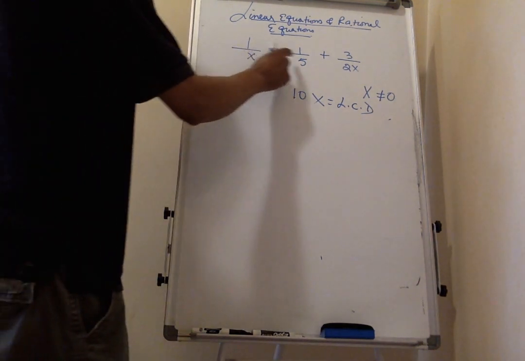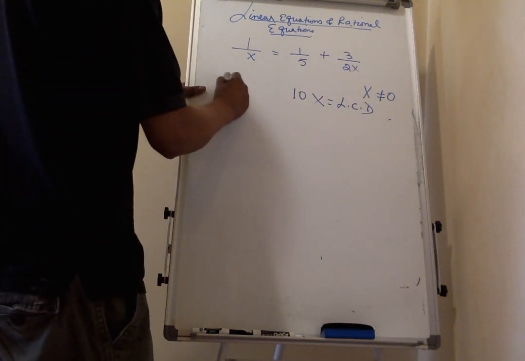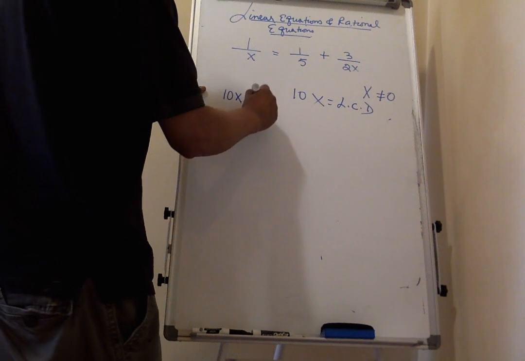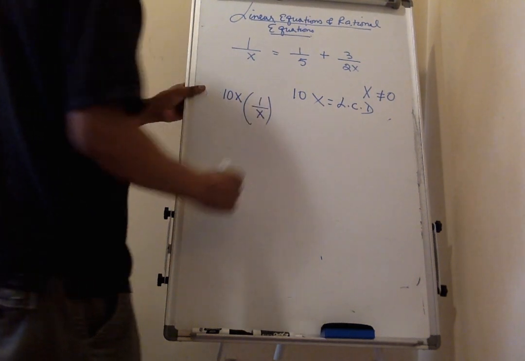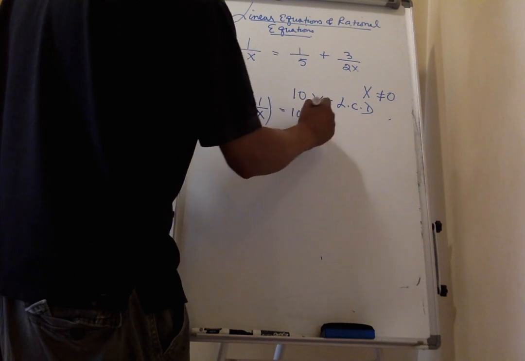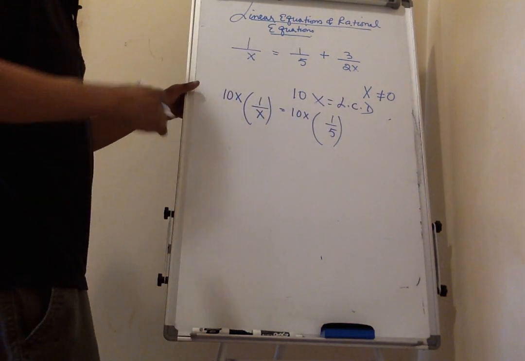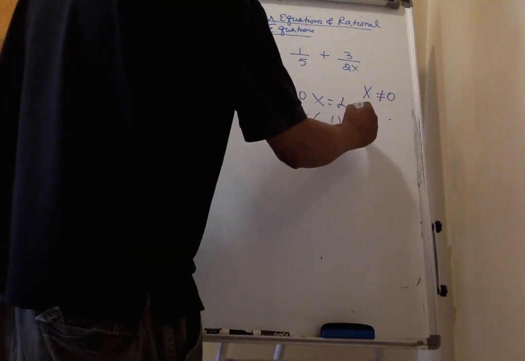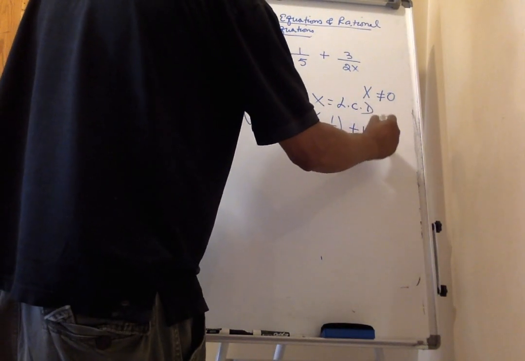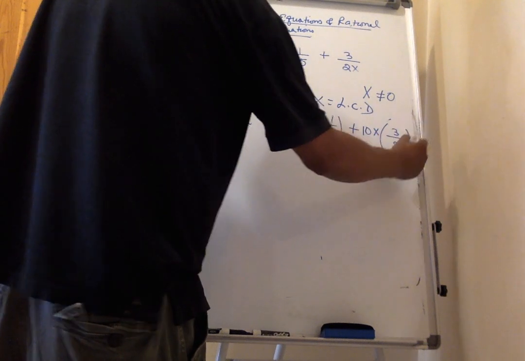Multiply each term by the least common denominator, which is 10x. So do 10x times 1 over x is equal to 10x times 1 over 5. See, I'm distributing the least common denominator to each term. 10x times 3 over 2x.